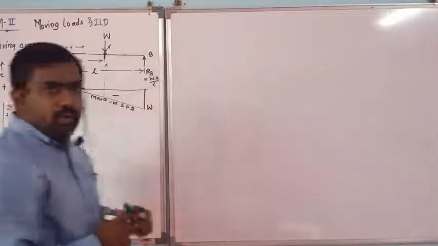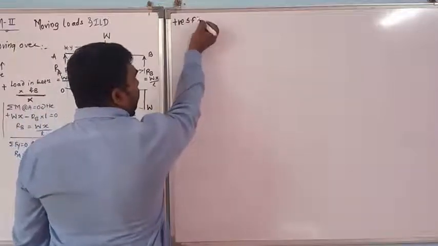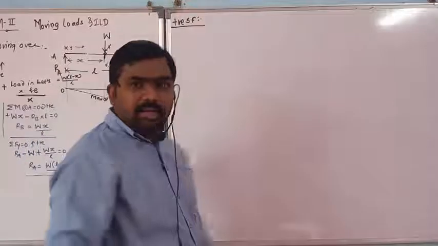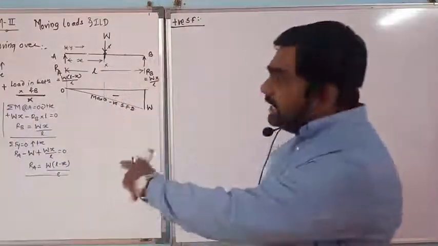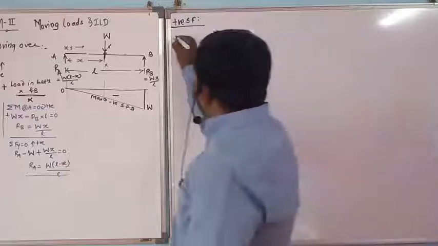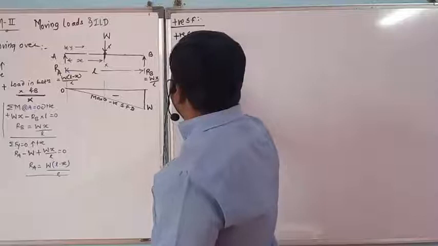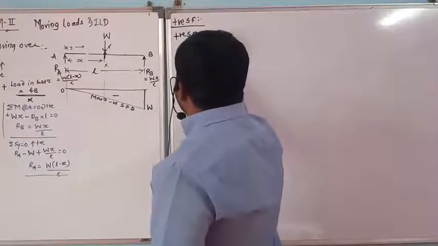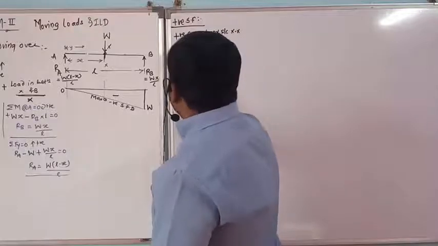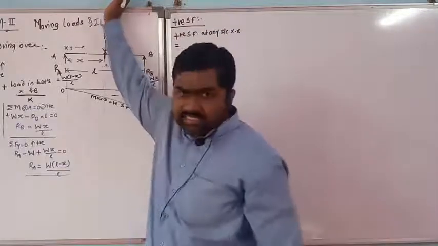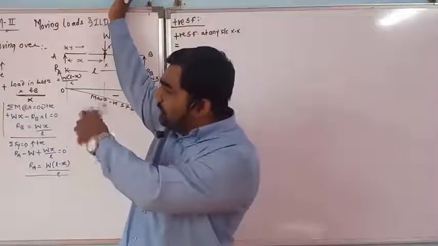Let us move to the next calculation, that is positive shear force. Again, similarly, we will go stepwise in the same order as in the negative shear force. First we are going to do the calculation for positive shear force at any section XX. Positive shear force at any section XX: I put my hand on the section XX, and for the positive I will take the left hand side.